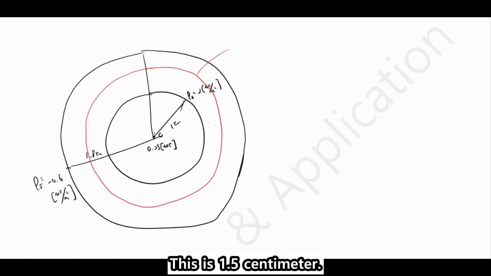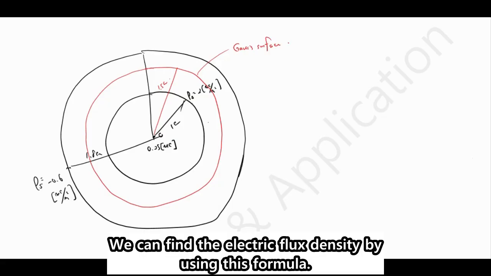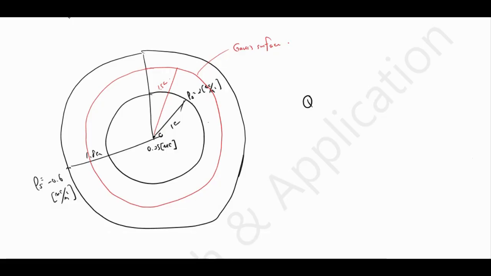This is 1.5 centimeter. This is the Gauss surface. We can find the electric flux density by using this formula.